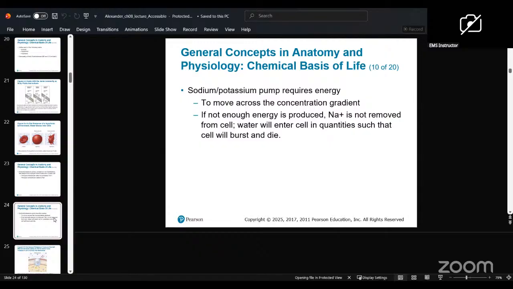That is the best and simplest way that I can explain that. But if there's not enough energy produced, then the sodium is not removed from the cell. Water enters the cell in quantities such that the cell will burst and die. So you have to have the proper amount of sodium in there to pretty much balance the amount of fluid that is within the cell.